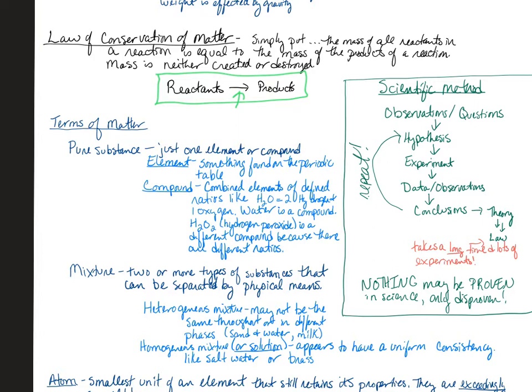I'm going to move over now to this little side note, talking about the scientific method. I'm sure that you've seen this before, and there are lots of different variations of what it looks like. Basically, we start with observations and questions. This is something you do every day. How do I get the best parking spot?